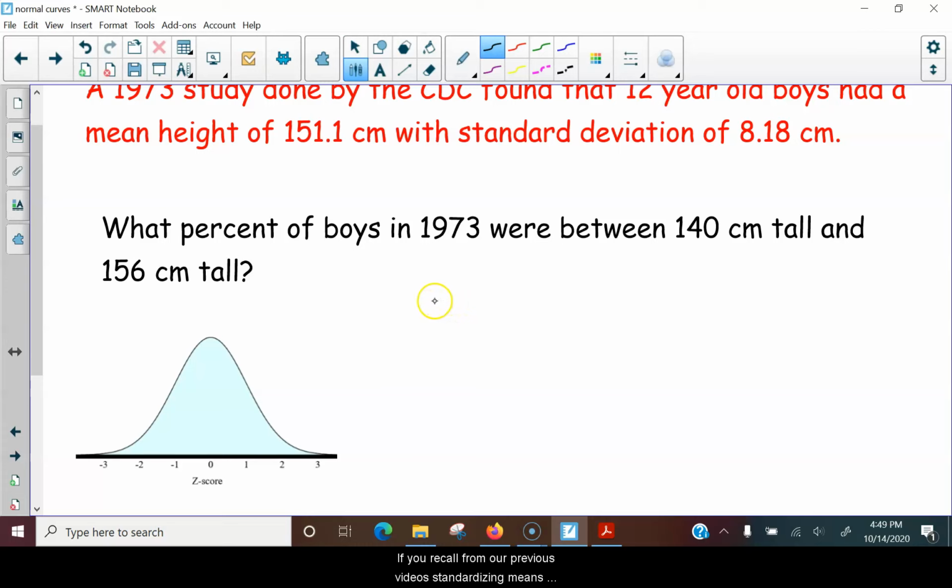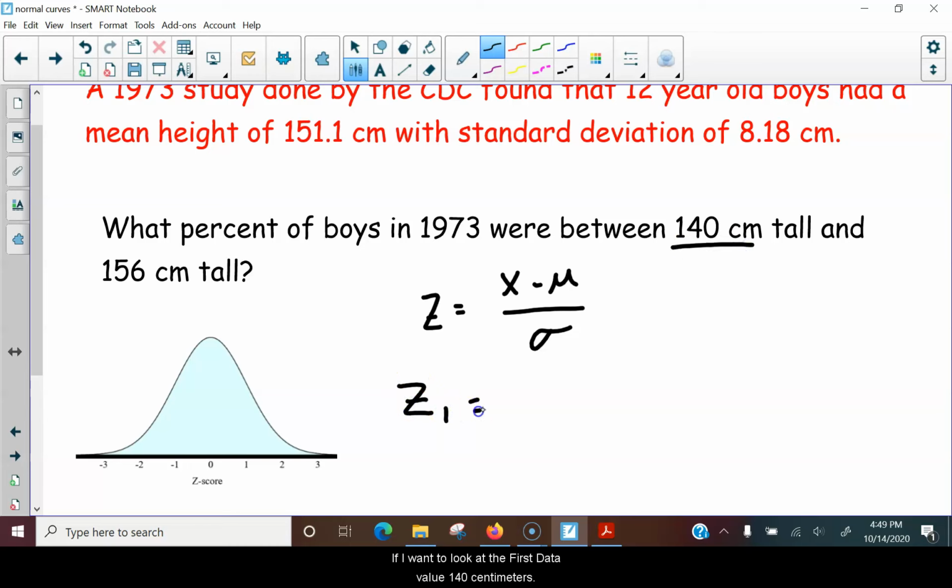If you recall from our previous videos, standardizing means finding the z-score, and the z-score is given by x minus mu over sigma, where mu is the mean of the data set and sigma is the standard deviation. If I want to look at the first data value, 140 centimeters, the z-score would be 140 minus 151.1, all divided by 8.18.